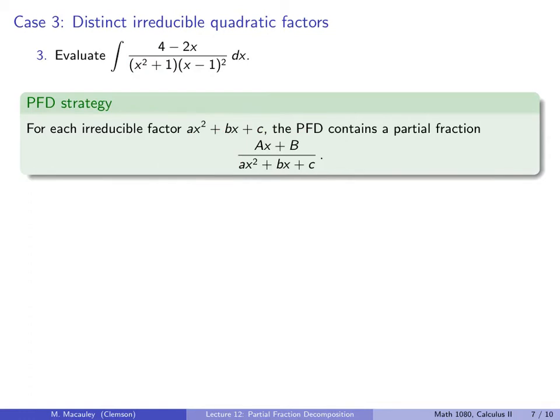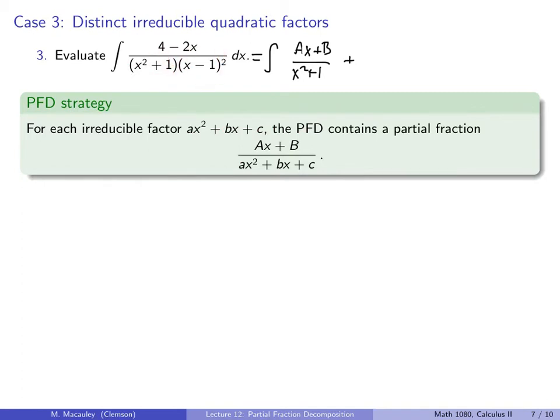So to summarize, in this case, we want to split up this fraction as ax plus b over my irreducible quadratic factor, x squared plus 1, plus, and so this takes care of that term, and then we know how to take care of that term. We just did that.